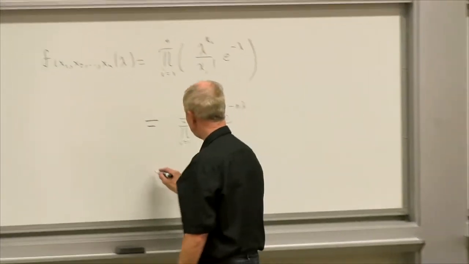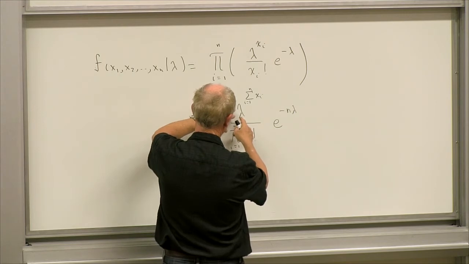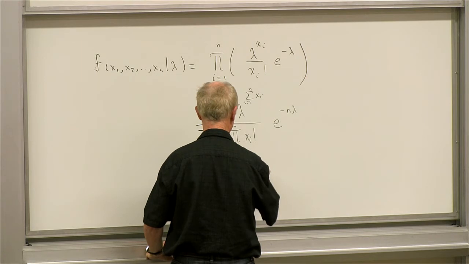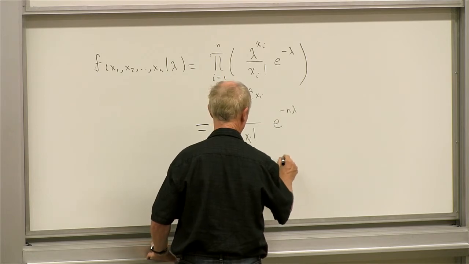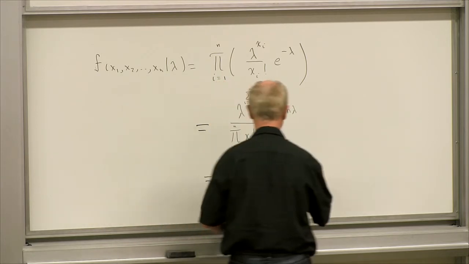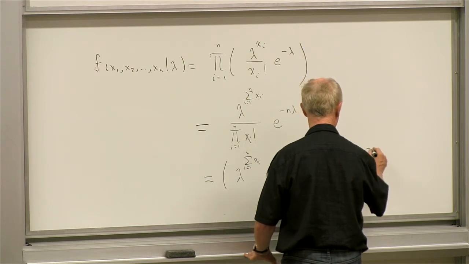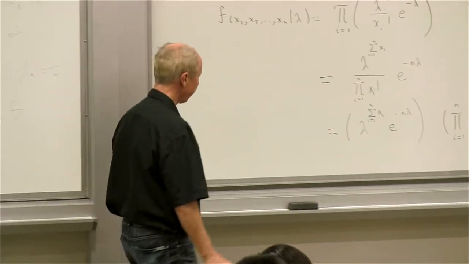Right. So where are the appearances of the parameter here and here? So let's separate those. And then here's the other stuff. And there you have it.